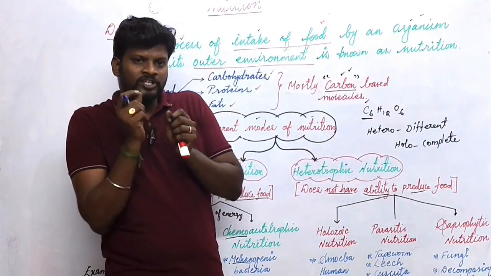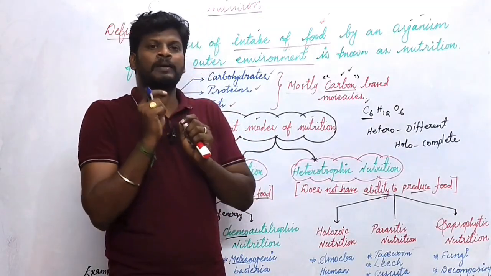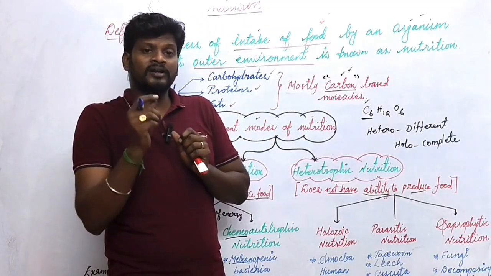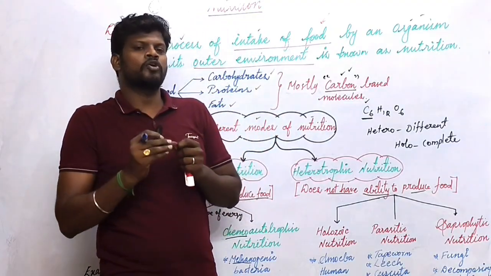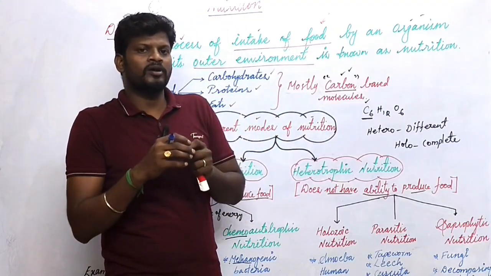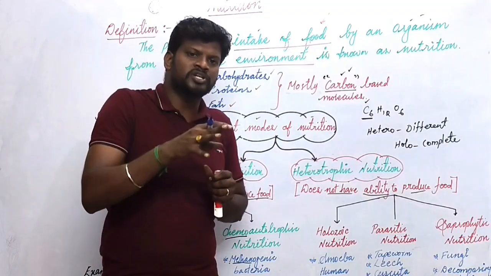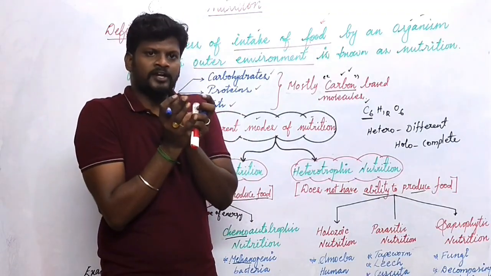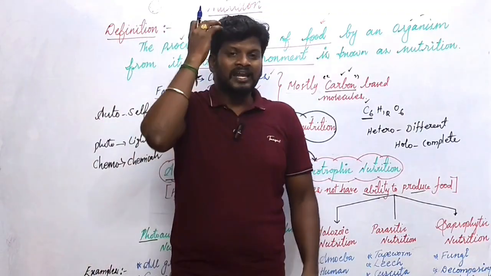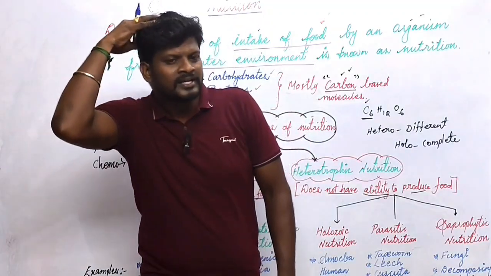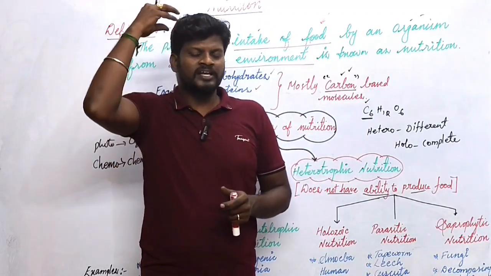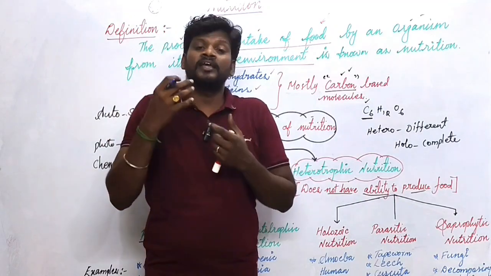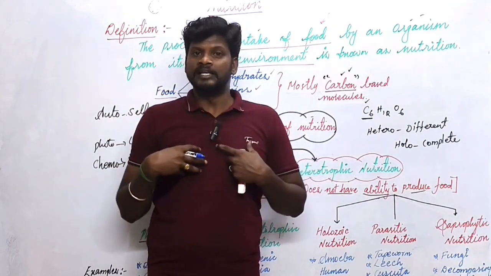In this, whichever organism is obtaining food is called a parasite, and whichever organism is providing shelter and nutrition is called a host. Understood? Say for example, the lice which live on our head are a good example for parasitic nutrition. The lice live on our body and obtain energy from our body without killing us, right?